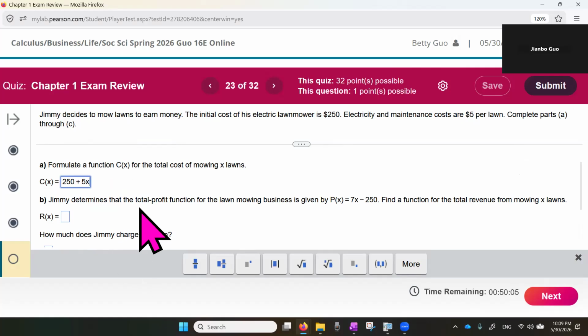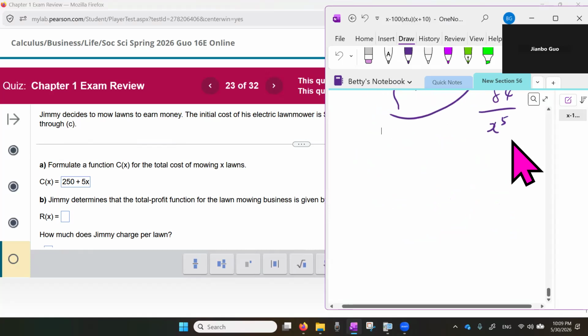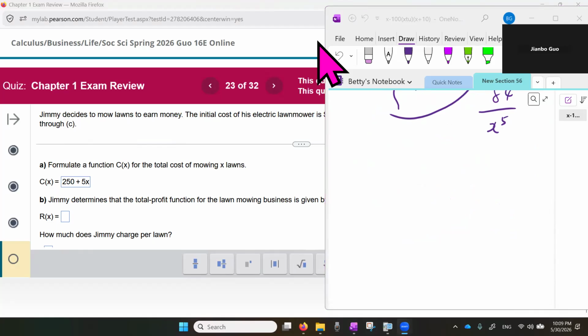B, Jimmy determines that the total profit function for the lawn mowing business is given by P of x equals 7x minus 250. Find a function for the total revenue. Okay, so we are looking for the revenue function. Profit function is the revenue function minus the cost function.